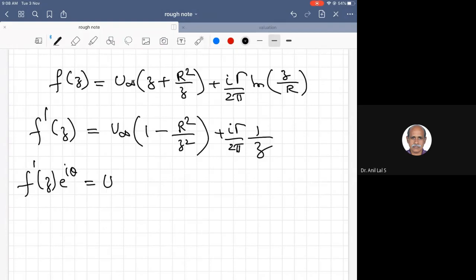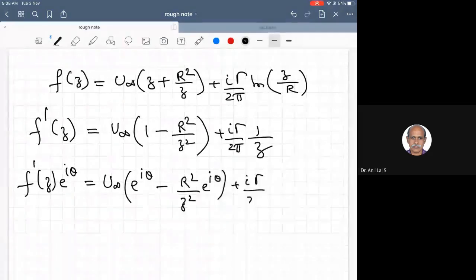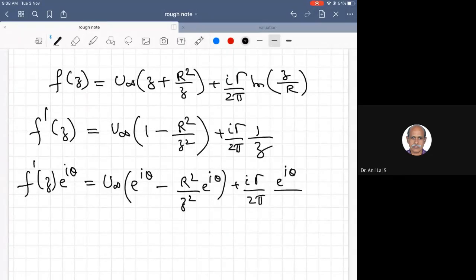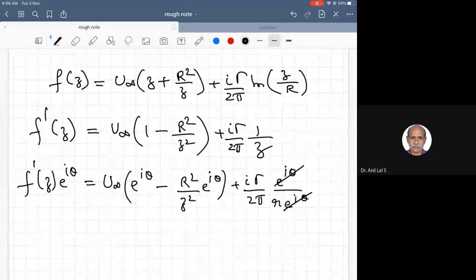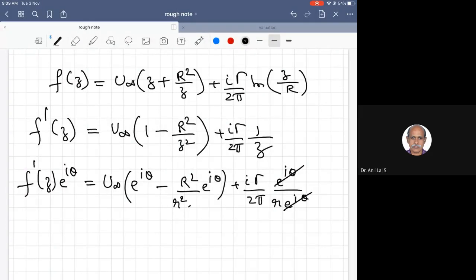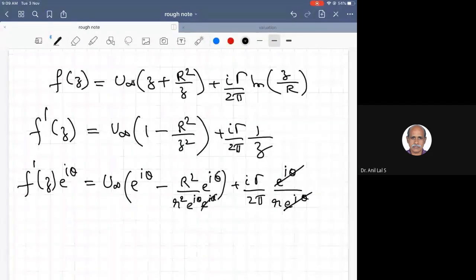That is equal to u infinity into e raised to i theta minus r squared by z squared e raised to i theta plus i gamma by 2 pi, with e raised to i theta by r e raised to i theta, so that this and this cancel. So here also r squared e raised to i theta into e raised to i theta, these two cancel.